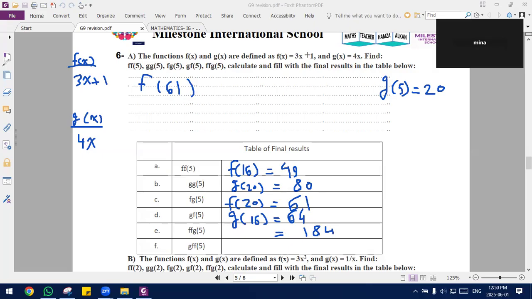Now g of f of f of 5. First you do f5. What is f5? It's 16. So now I remove this, I put 16. What is f16? Look, we have the answer of it. 49. Yes. Now what do I do? g49.